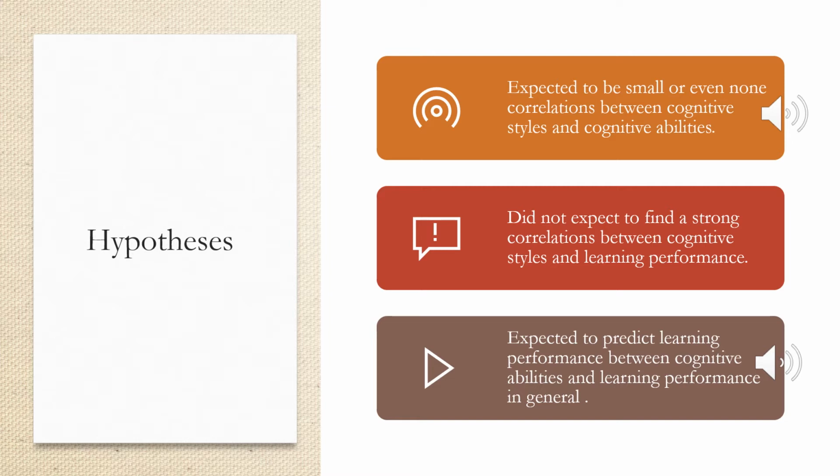Especially, they believed that verbal ability would be related to learning performance with verbal material, and spatial ability would be related to learning performance with the diagram. But they believed that iconic ability would not be related to learning performance, and it would be negatively related to ability and learning outcomes.